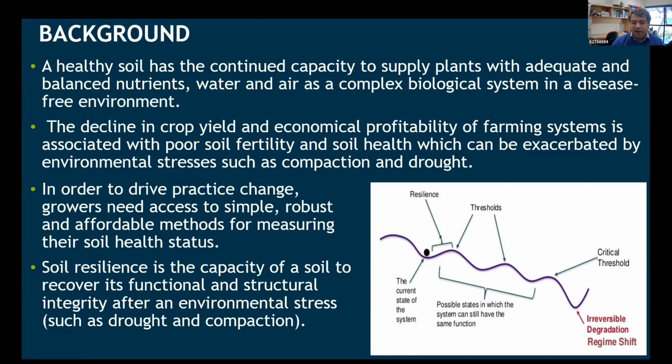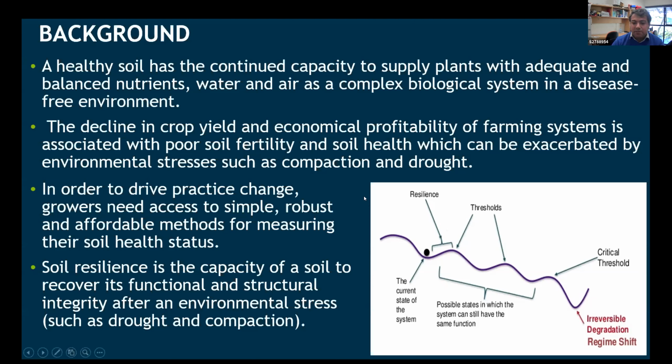So if you look at the graph here, I'm trying to simplify what happens when the soil goes through different environmental stresses. There are two definitions here. The first one is soil resistance, and the second one is soil resilience.